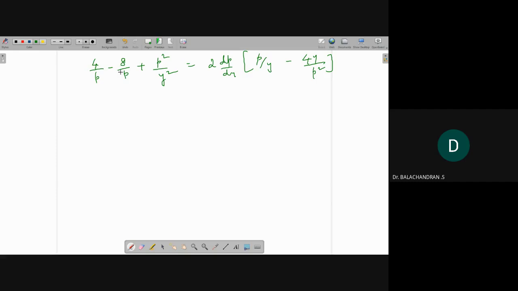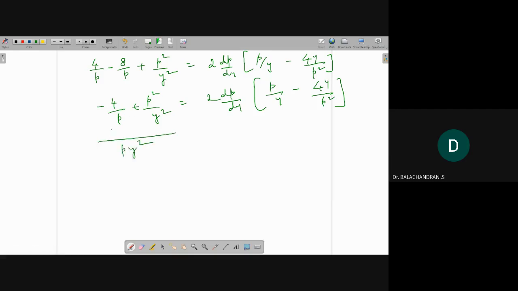So now if I simplify this, we get minus 4 by p square minus 4 by p plus p square by y square equal to 2 into dp by dy into p by y minus 4y by p square. So take p y square as the LCM.